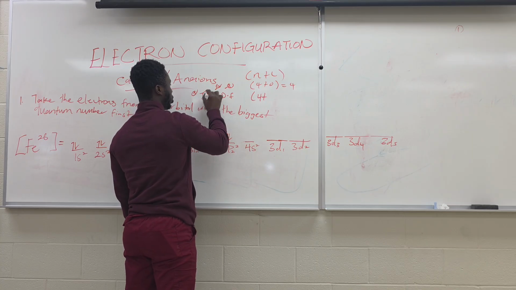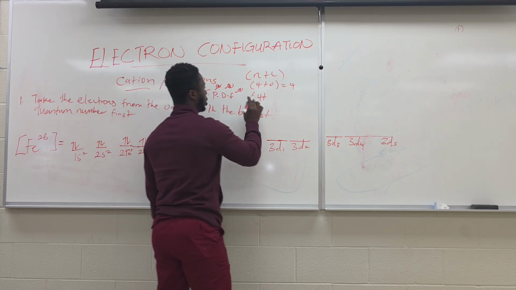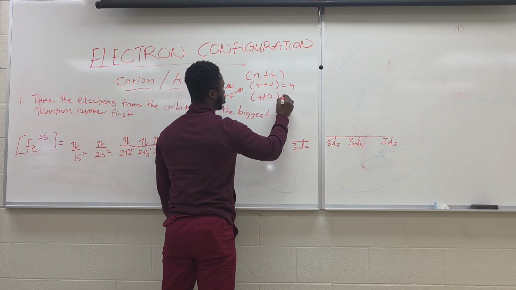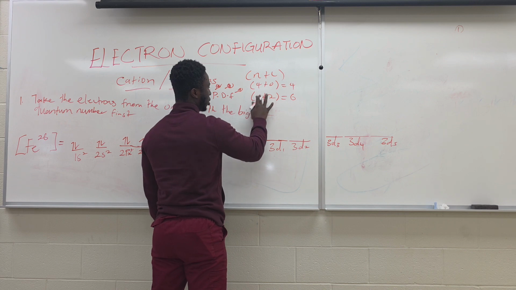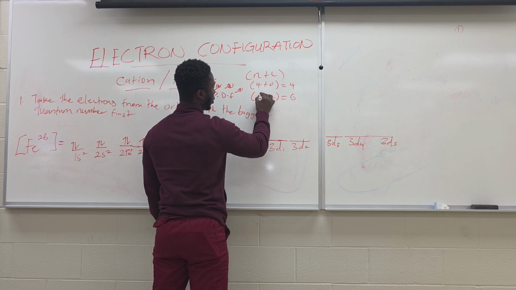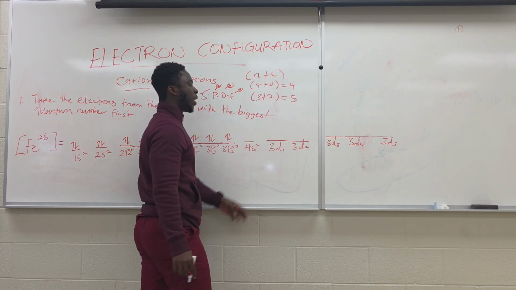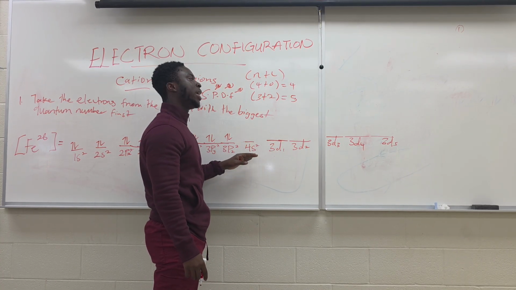The s was 0, p was 1, d was 2, and f was 3. So it's going to be 4 plus the d, which is 2, and it's going to give us 6. Oh, this is 3. Sorry, let me give you 3, which is going to give us 5. So this orbital has higher energy than 4s.